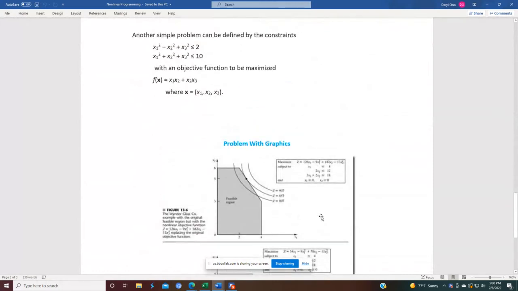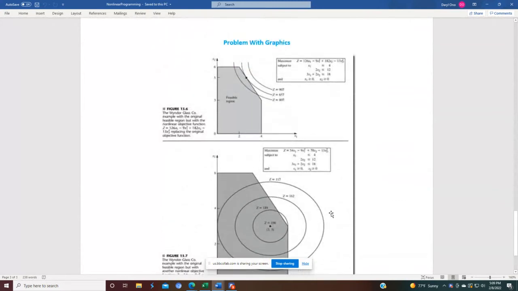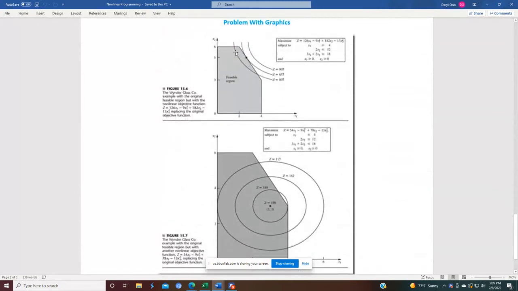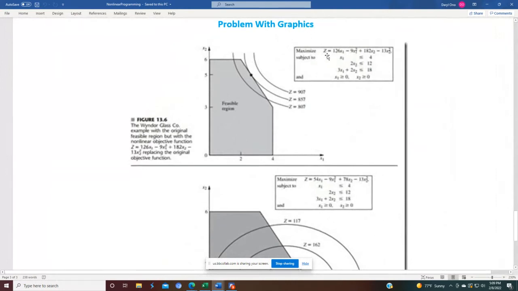Okay, so you can look at this one right here with the graphs. The gray area is the feasible region, and these curves there are the profit functions. You can see the formula for the profit functions, kind of small here. Let me make it bigger. The formulas are up here, and they're curved like that.